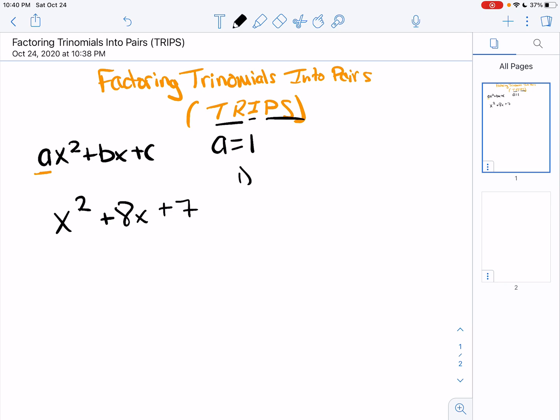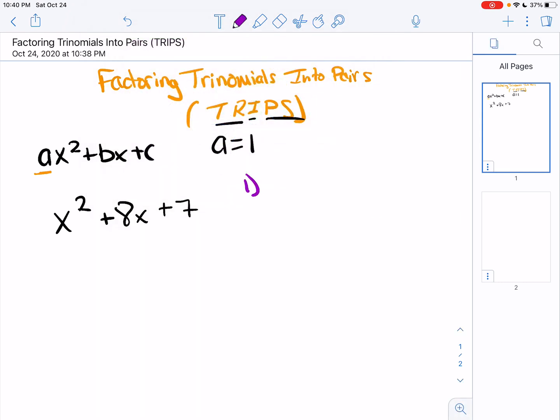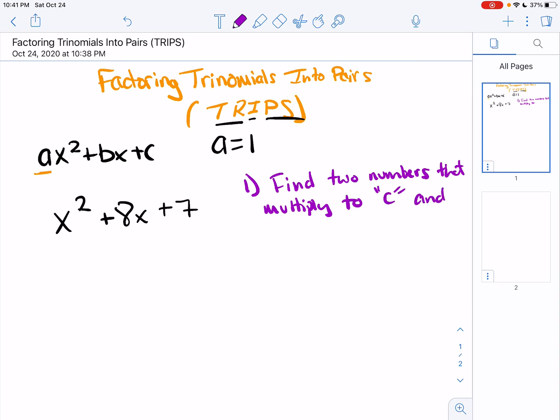So step 1, we need to find two numbers that multiply to c and add to b. What I mean by that is we need to find two numbers that will multiply to the last term, the constant, and will add to the coefficient of x, which is the middle term.